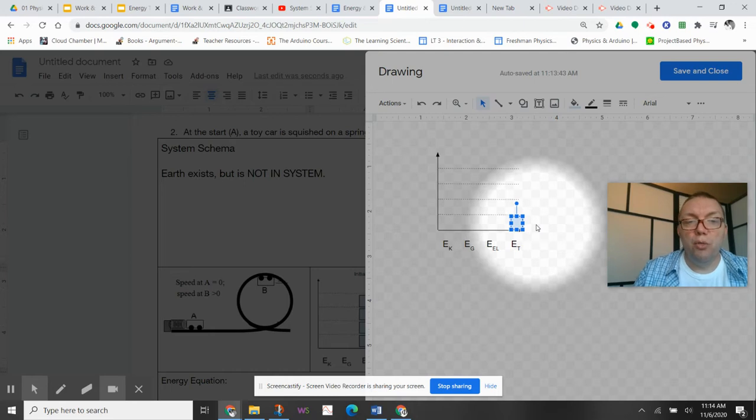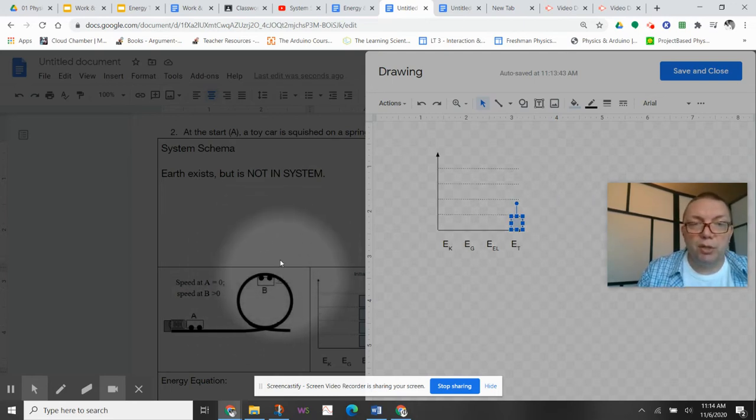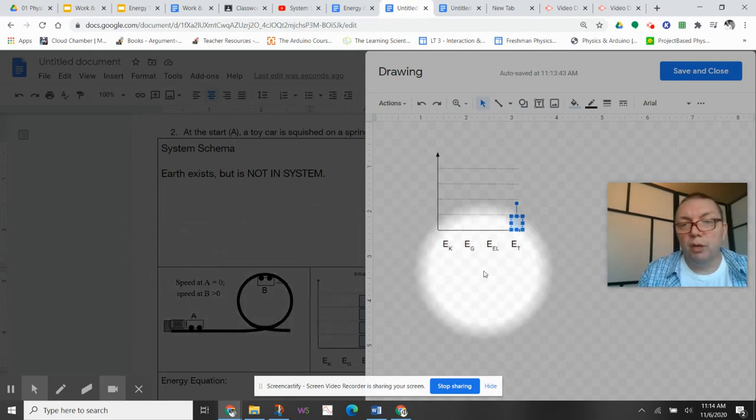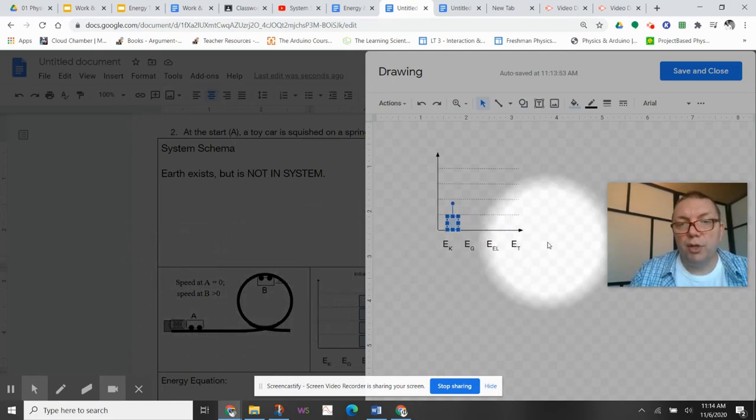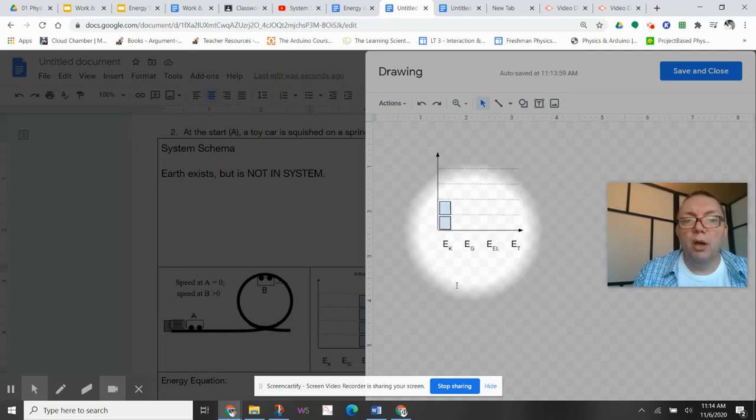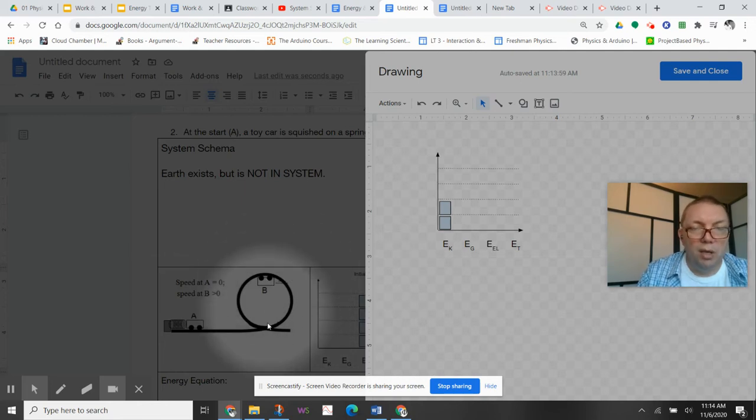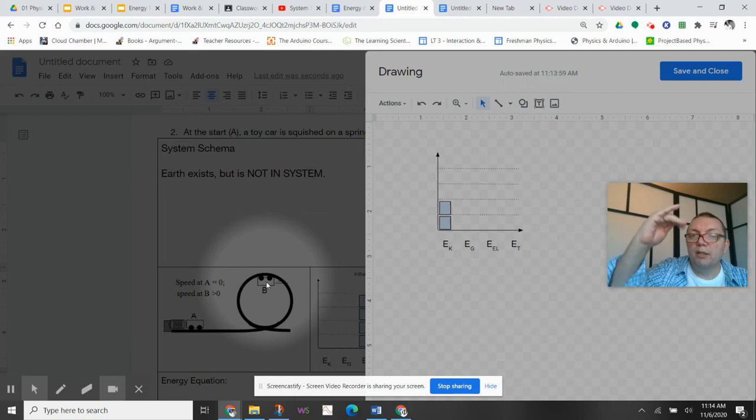So there's no thermal, again, looking at position B, just to clarify. At position B, there is a speed, it is moving, so there is kinetic energy. In the previous examples, we said there were 2 bars of kinetic. If that energy type is present, I'm going to be consistent with how much energy I give it. And then at B, the object has some height above the ground.